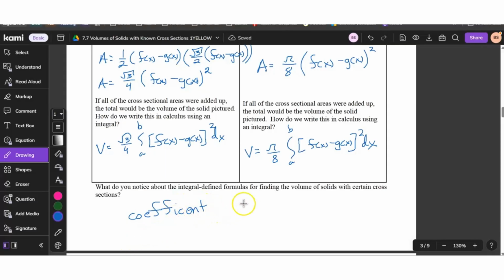We'll pretend that's right. I don't remember. Coefficient times the integral of f of x minus g of x squared dx. So that's always going to be like that. There's some kind of coefficient that is related to the shape, and then times the f of x minus g of x squared. So let's try actually using this, shall we?